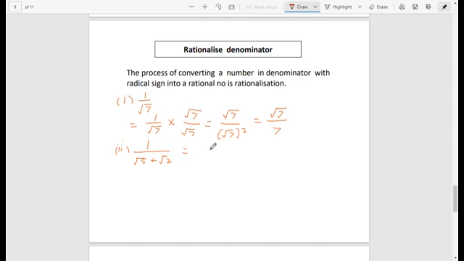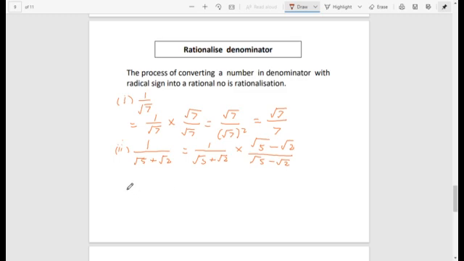So here 1 upon root 5 plus root 2, it is given, so we will multiply with minus sign. So here root 5 minus root 2, so we have taken minus sign.